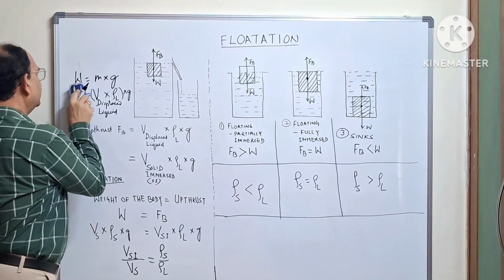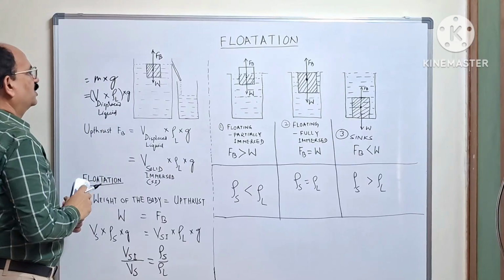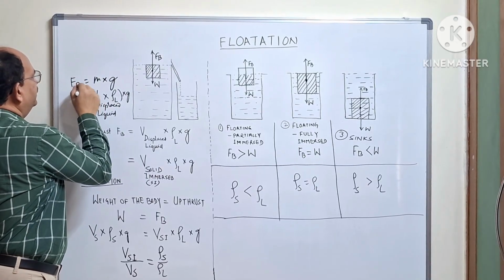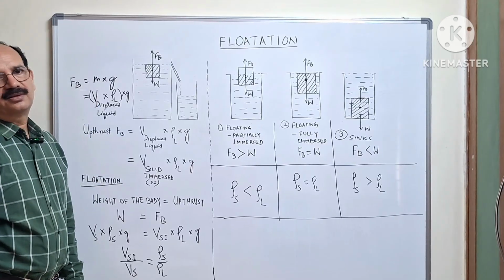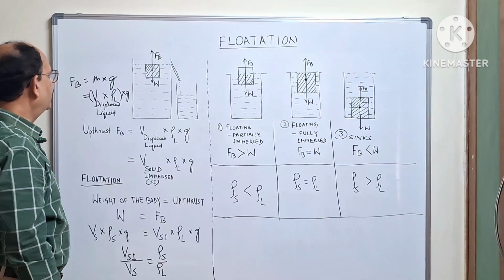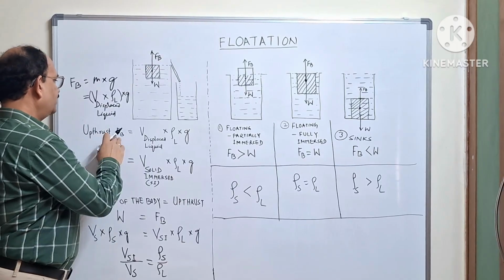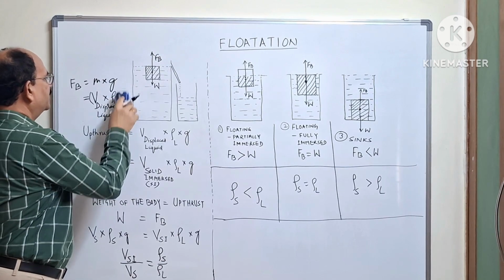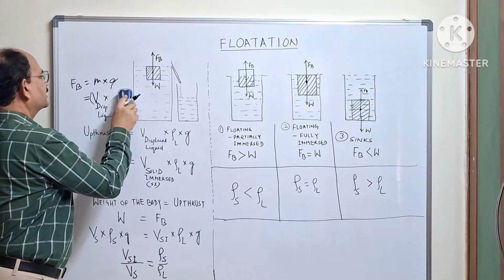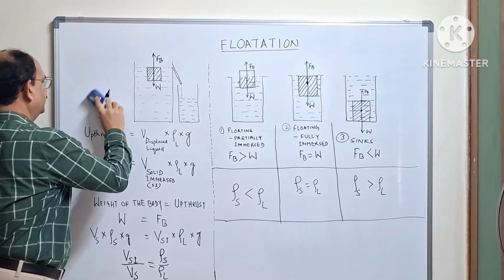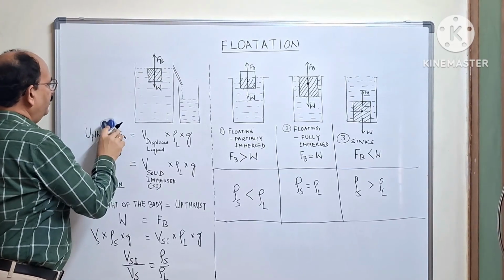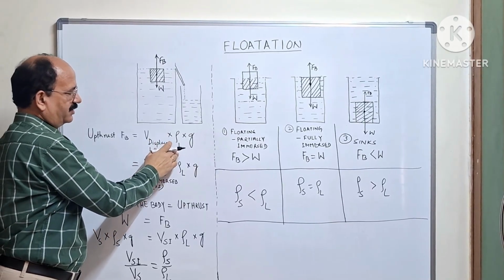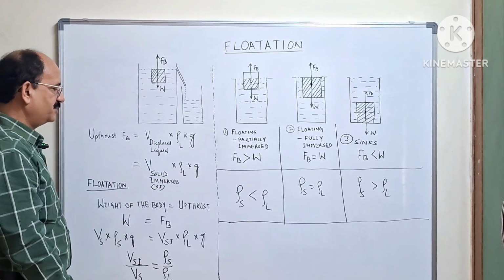And this itself is putting the upthrust. So therefore, we can write this as a force of buoyancy, Fb. That is what has been written here, that upthrust Fb is equal to volume of the displaced liquid multiplied by the density of the liquid multiplied by the acceleration due to gravity.